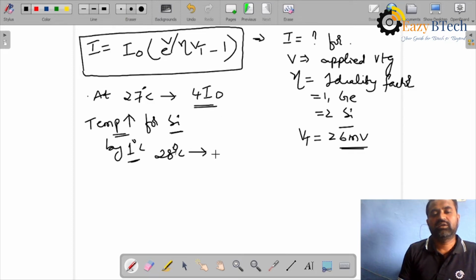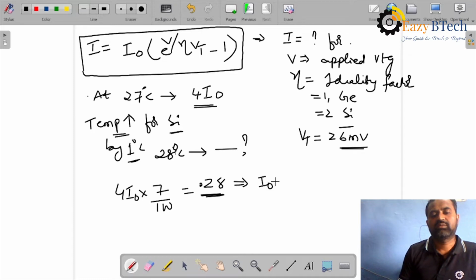What is the reverse saturation current now? You may substitute it here. That is a 7% increase: 4 I naught into 7 by 100, which gives 0.28. The total becomes 4 I naught plus 0.28, that is 4.28.